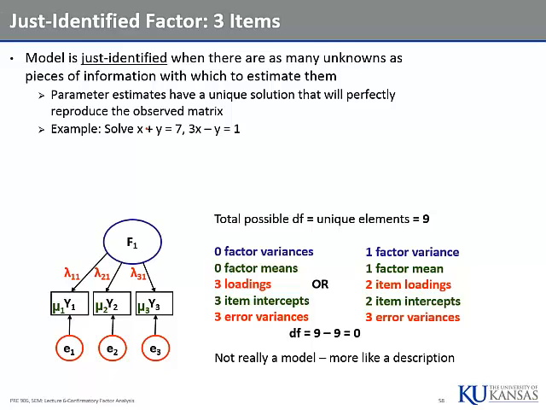This side's the standardized factor. We've set the factor variance. We've set the factor mean. So each item gets 3 loadings, 3 intercepts, 3 unique variances. That's 9. If we pick a different standardization, we still come up with 9. So always the number of degrees of freedom for one and the number of degrees of freedom for the other are equal. So we are identical to our saturated model.